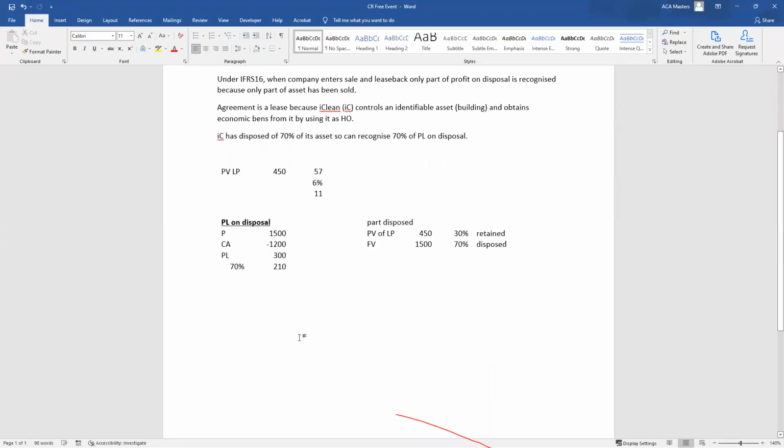So we could say that ICAEW retains use of the asset for the next 11 years, so has a right of use asset. Again, find an abbreviation to use, and we can mention ICAEW has a lease liability, as it has an obligation. So remember, that's what a liability is, isn't it?